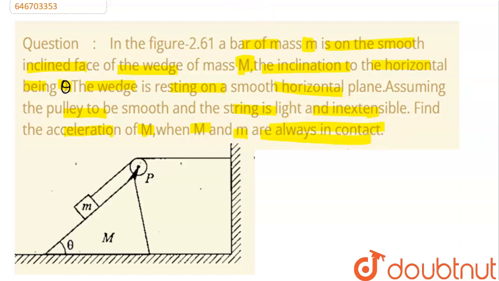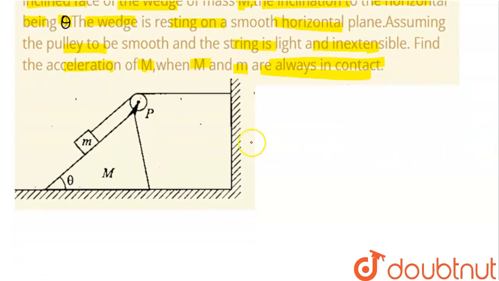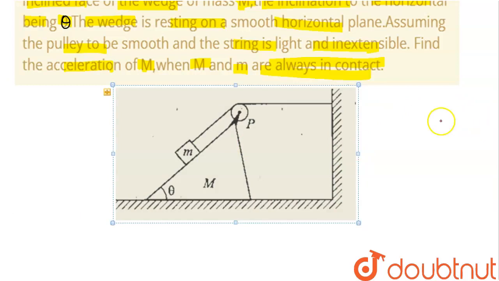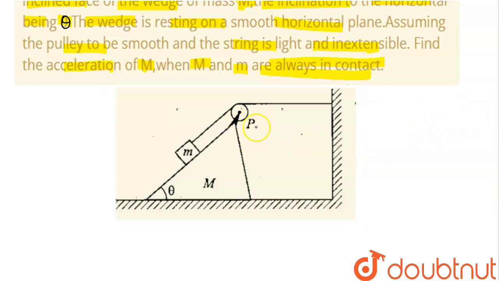Alright, so first of all, let's see what all are the forces acting on the system. First thing first, let's draw the FBD. First of all, there will be some Mg acting downwards for this wedge, that is capital M into g.